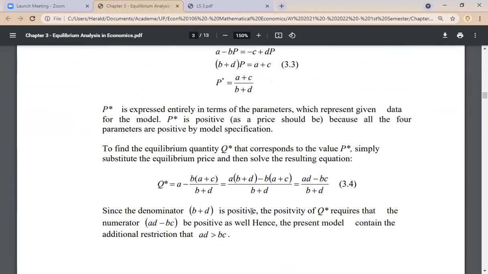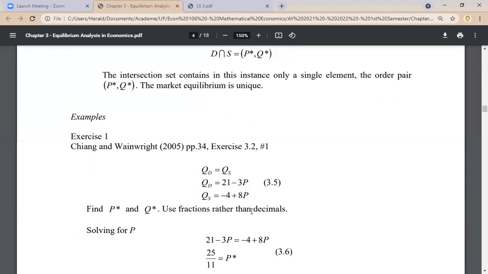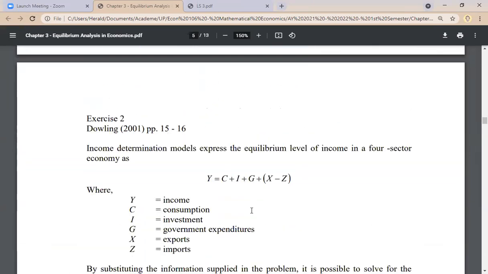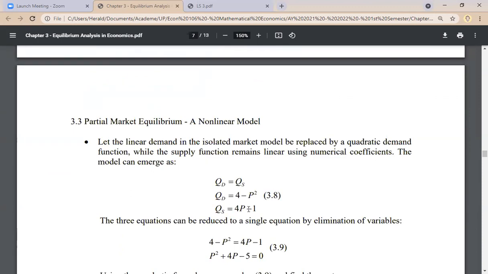If there are no other clarifications, let's go to how to solve partial market equilibrium in a nonlinear model. If you have a nonlinear model, you would possibly, in the words of one student, attack the nonlinear model. If it's quadratic, you use the quadratic formula. If it's cubic, you could use trial and error.